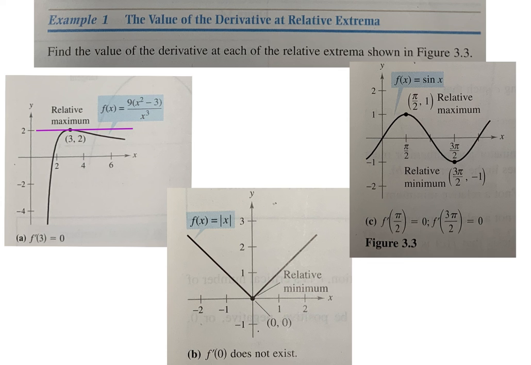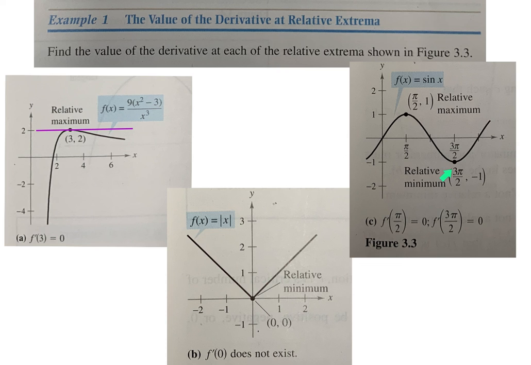Think about a roller coaster. When you're at the very top of the roller coaster, you're facing straight horizontal. It's not until you start going down or going up that you're no longer facing the horizontal. And so at your turn points, your first derivative is going to equal 0, because the first derivative represents the slope of the tangent line. The slope of the tangent line at a turn should be 0, right?